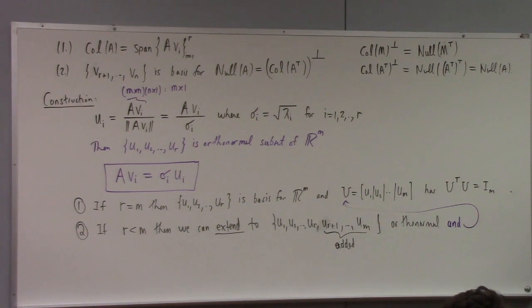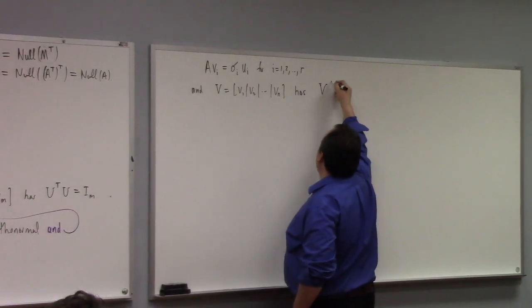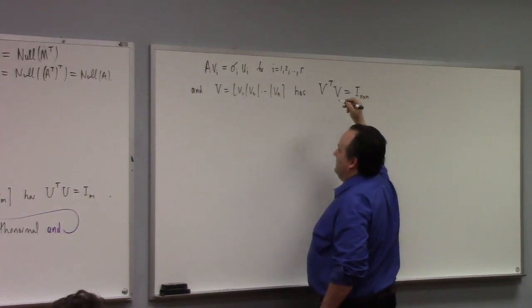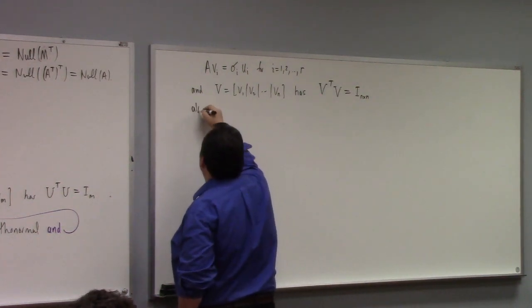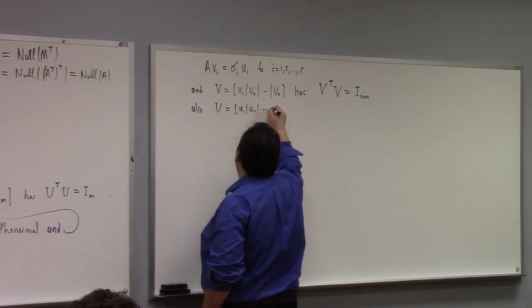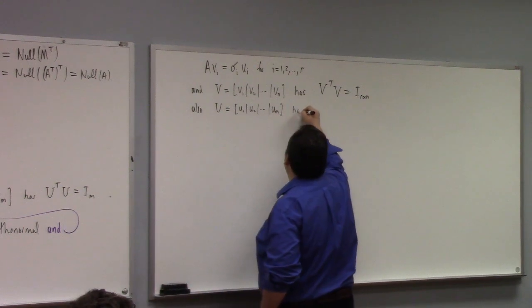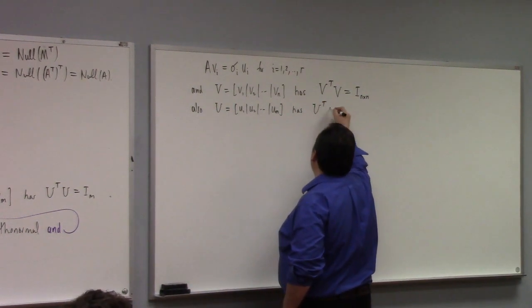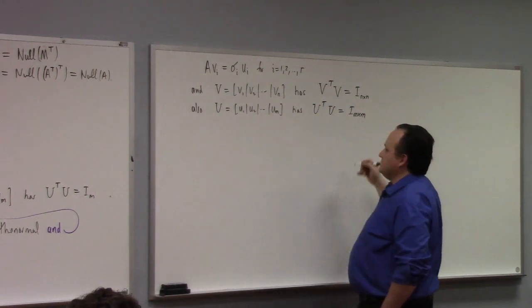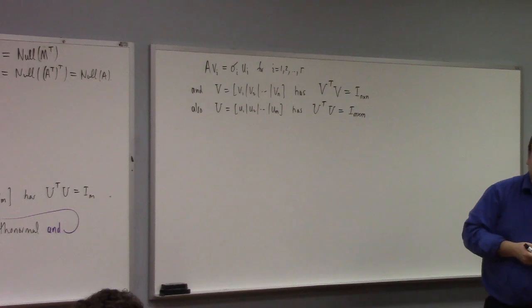And if we make V equal to v1, v2, ..., vn, this has V transpose V equal to the n by n identity, right? Also, the U, which we just constructed, is also an orthogonal matrix, so U transpose U is equal to the m by m identity, whether or not we had to extend it.